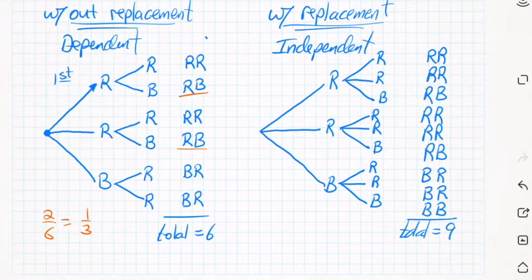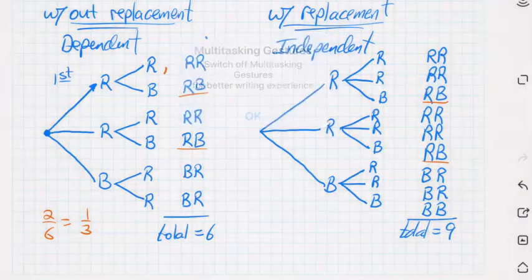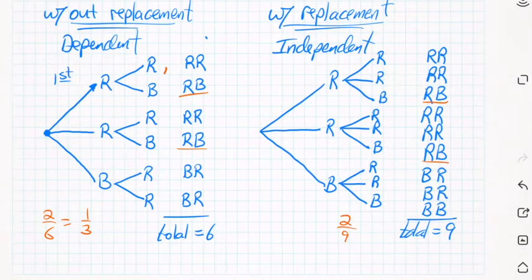And red first and blue second over here with the independent after we replaced it, that would be 2 out of 9. So even the probabilities are different, just slightly.